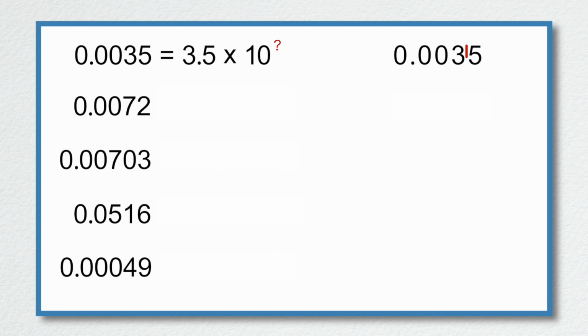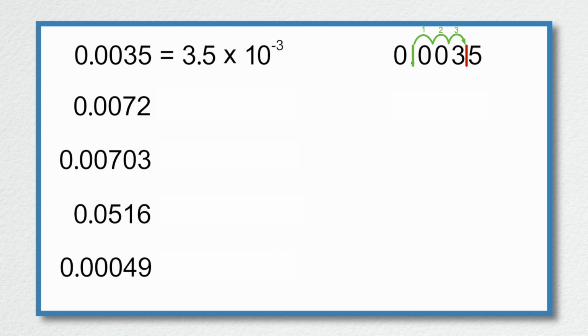So our cutoff point is here between the 3 and the 5, and here's the decimal point. We now count the moves from the decimal point to the cutoff point. We get 1, 2, 3. So this is 3.5 multiplied by 10 to the power of minus 3, not plus 3.